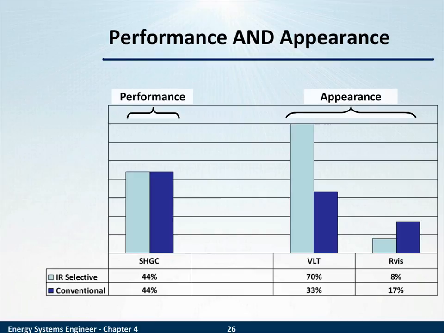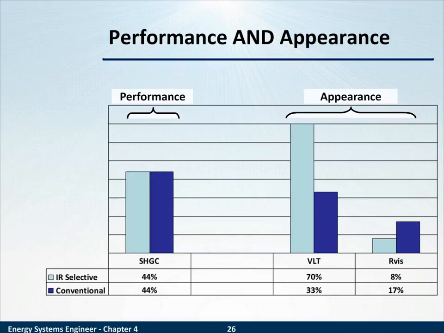We define that as the ability of a building envelope component to reduce solar heat gain. In this case, the IR selective window or film has a solar heat gain coefficient of 44%, identical to the conventional one. The difference comes in as you consider appearance, visible light transmission, and visible light reflection.